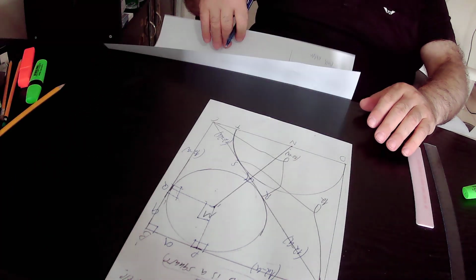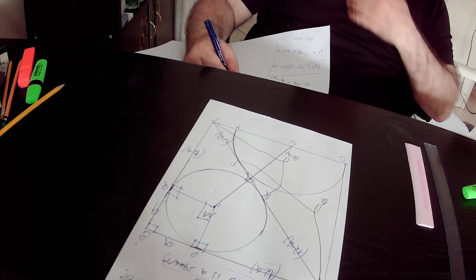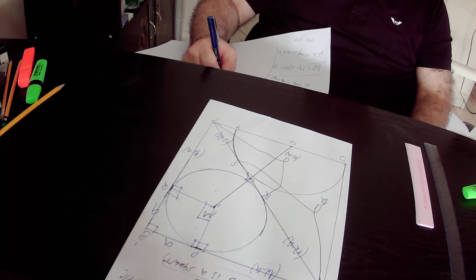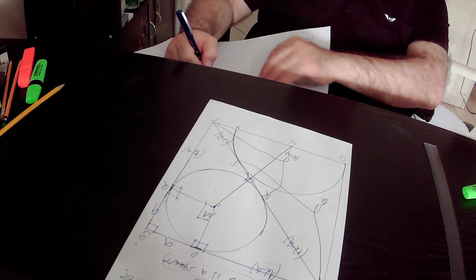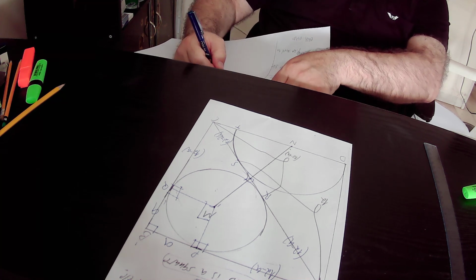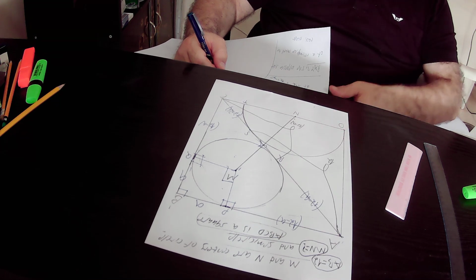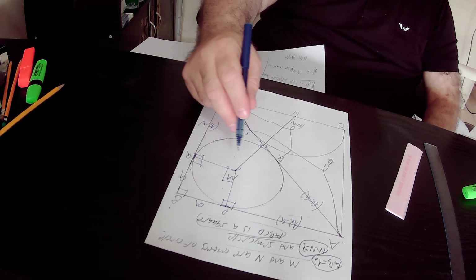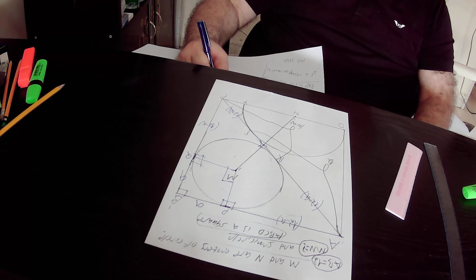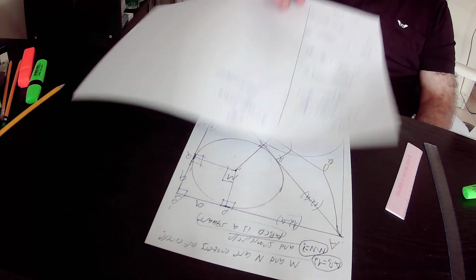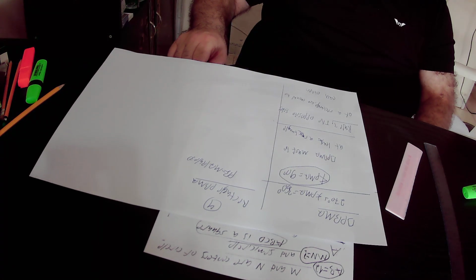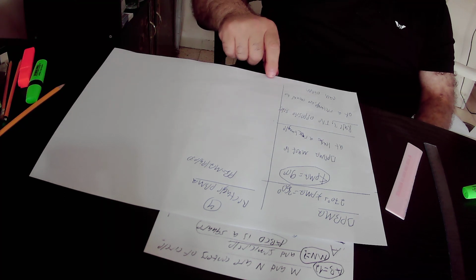So in rectangle PBMQ, PB must be equal to MQ according to rule number 3.